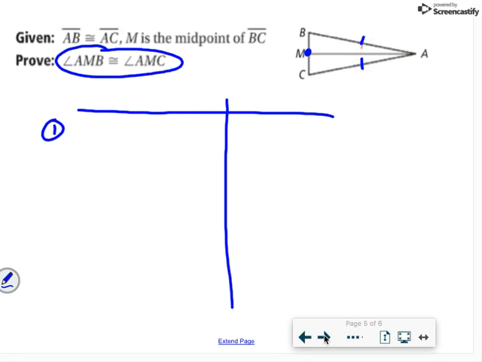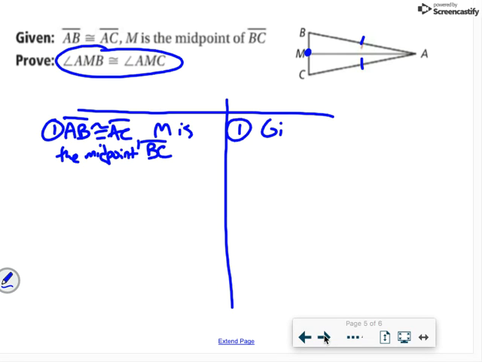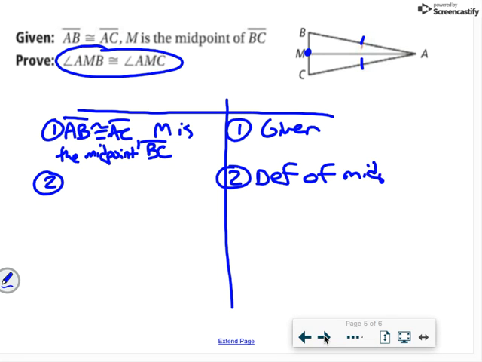We know that AB, that's one pair of sides, congruent to AC. We know that M is the midpoint, so that leads us to a step we always take. Always ends up being the same. We can do that definition of midpoint step right away because you're probably itching to do so. We've talked about that. If it shows up in the given, you have to use that word somehow.